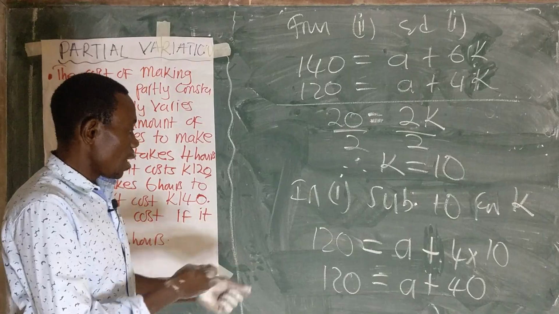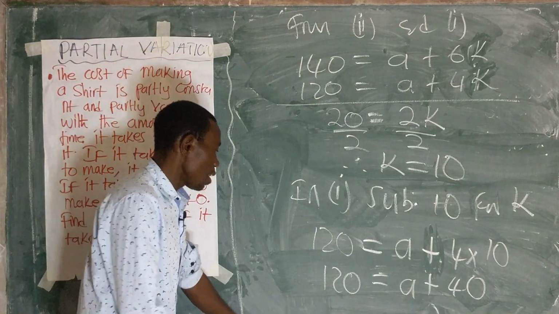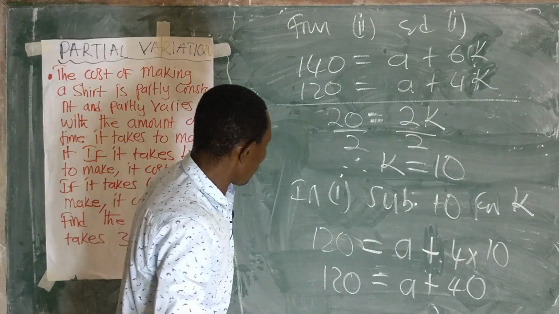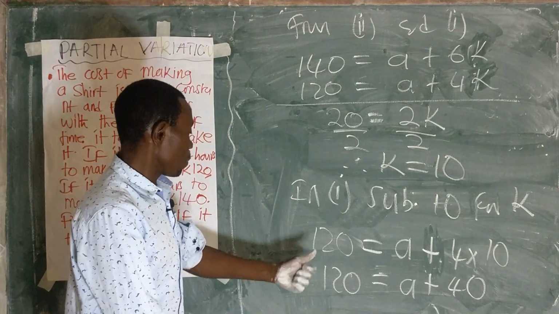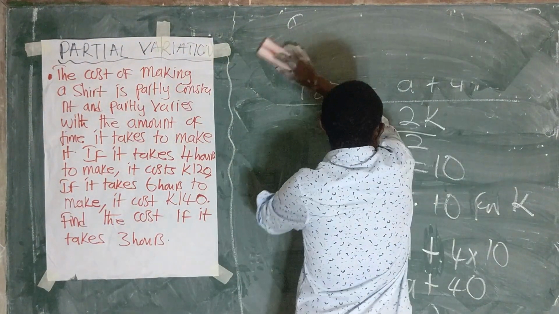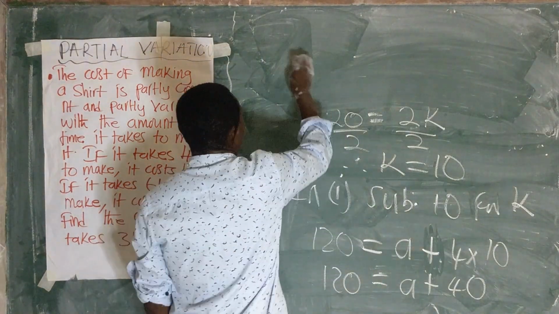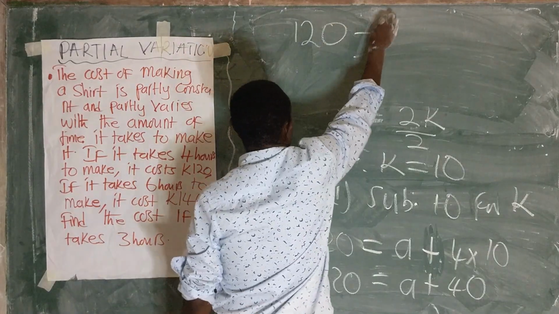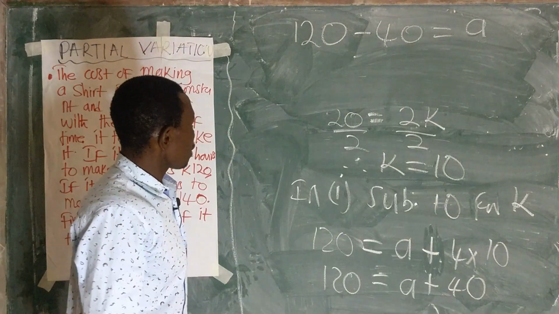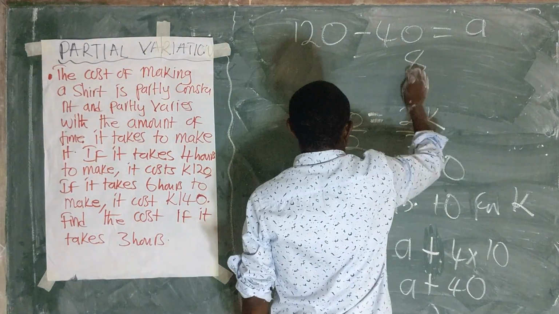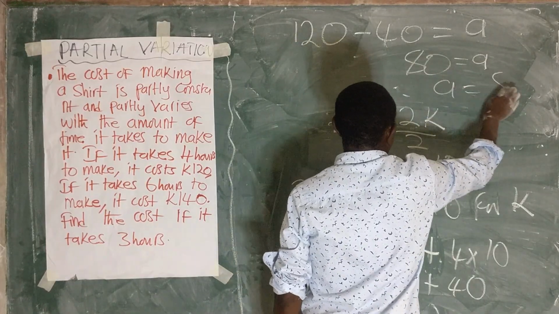So if I put like terms together, my 40 comes to this side, and I have 120 minus 40, which gives us the value of A. 120 minus 40 gives us what? 80, which is equal to A. So it means our constant A is equal to 80.